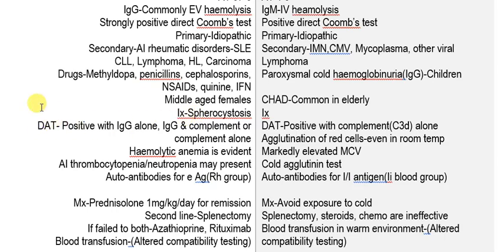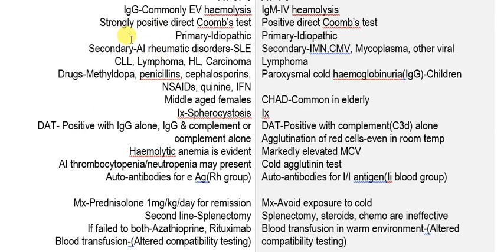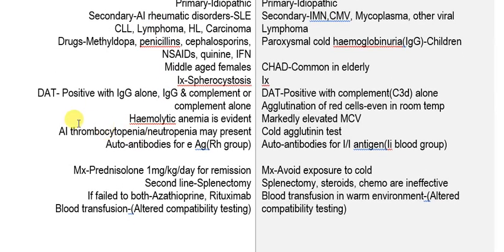And the direct antiglobulin test, that is the direct Coombs test, is positive with IgG alone, IgG and complement, or complement alone. Any of these can cause a DAT positive result. And hemolytic anemia is evident on the blood picture. Because of these autoantibodies, sometimes you can also develop autoimmune thrombocytopenia, that is reduced platelets, and autoimmune neutropenia, that is reduced neutrophils in the blood.